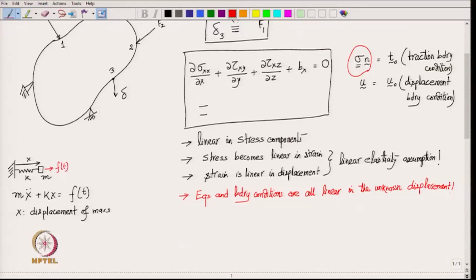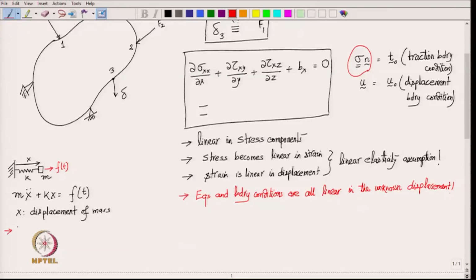So, because the equation is linear in x, if you double the force, the displacement solution also gets doubled. If you apply f1, you get some solution x1, you apply f2, you get another solution x2, and in the third case, if you apply both f1 and f2 together, then the solution is simply x1 plus x2. So, that means you can also superpose two solutions.